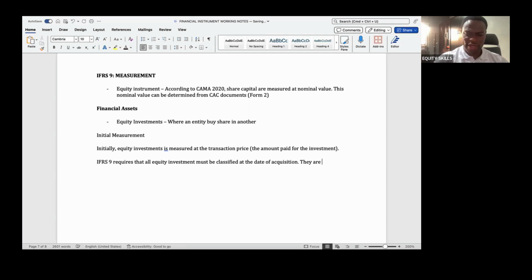They are classified either at fair value through profit or loss, or at fair value through other comprehensive income.